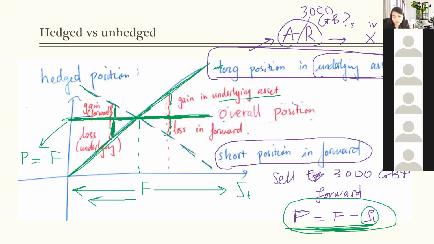Yeah, sure. Actually, let's say we have accounts receivable in British pounds. Currently 1 GBP is equal to 2 AUD, and within 3 months 1 GBP is equal to 2.5 AUD.